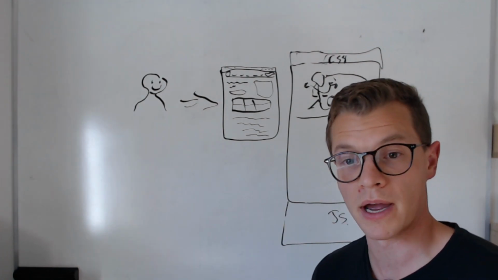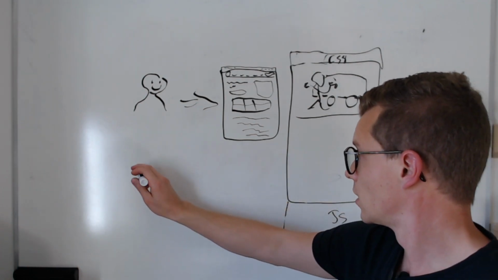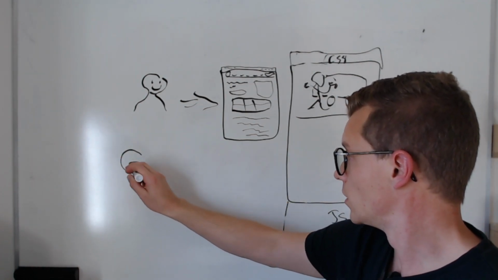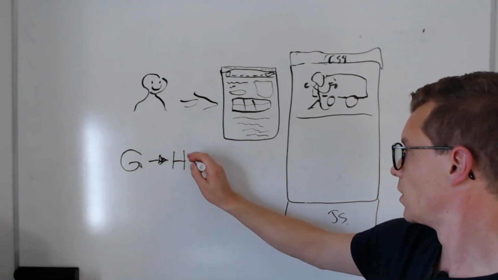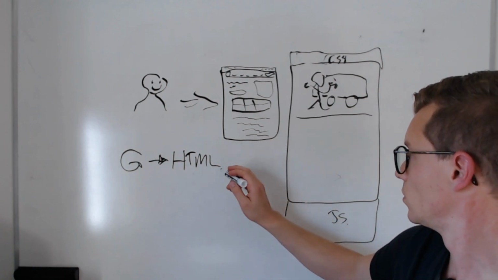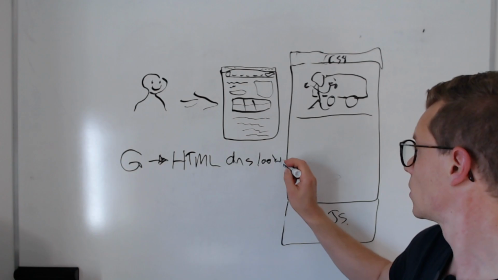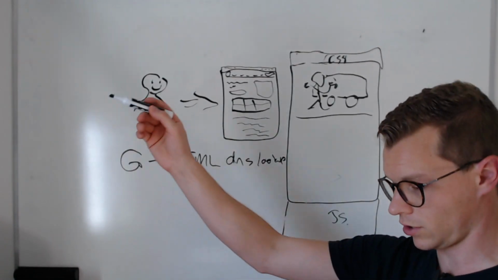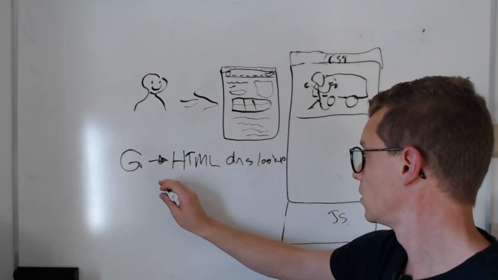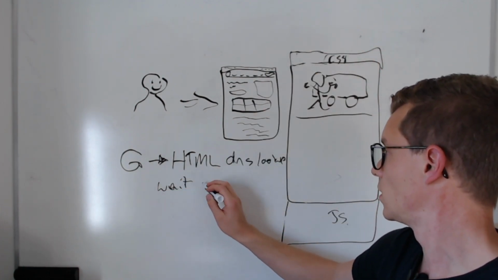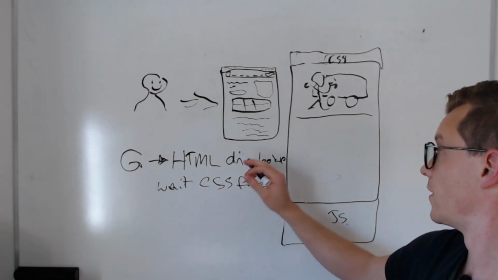The lookup time matters. And so Google is going to crawl it, and they're going to parse the HTML, which includes the DNS lookup. They're going to go, okay, I have all this code, this HTML. I'm going to wait for this file. They wait for the CSS file. And then they're parsing all this stuff.